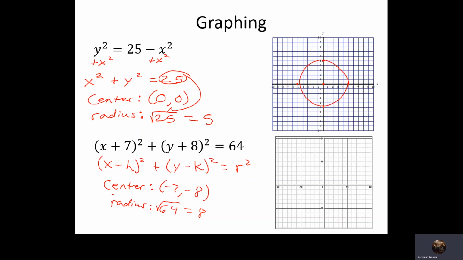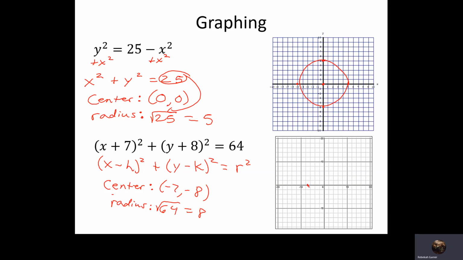All right, again, we're going to start plotting our points. So negative 7, there's x. 2, 4, 6, 8, 10. It's going by 2s. Negative 7 would be halfway, 2, 4, 6, 7, about right here.